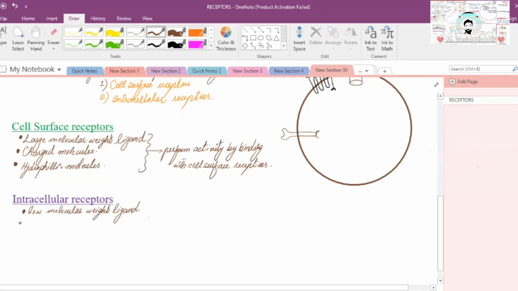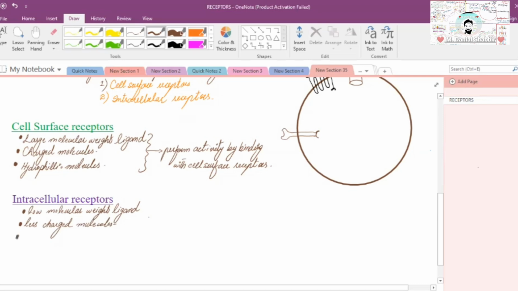Next one is less charged molecules, because I have already told you people, we basically talk relatively. If the charge on a molecule is higher, it will not be able to cross the membrane. If the charge is lesser, then as compared to a highly charged molecule, it may have some tendency to enter the cell. Less charged molecules.